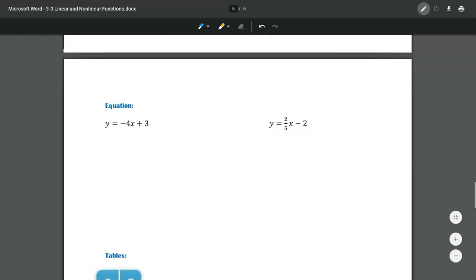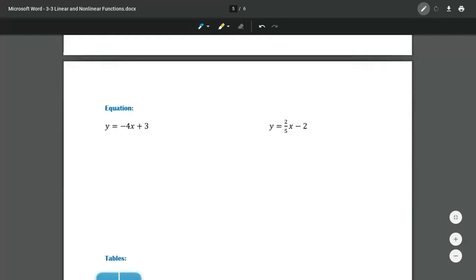Let's take a look at equations now. For you to be able to tell what the constant rate of change and the initial value are here, you need to remember that formula, y equals mx plus b, where m is the slope, or the constant rate of change, and b is the y-intercept, or the initial value.